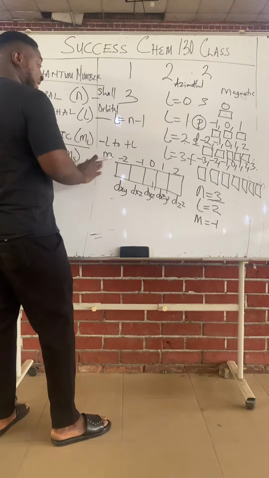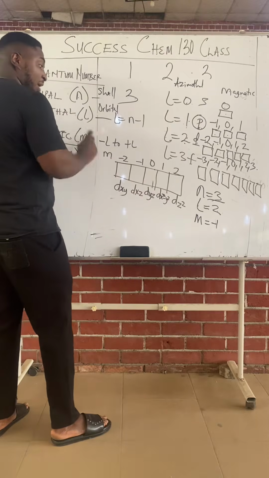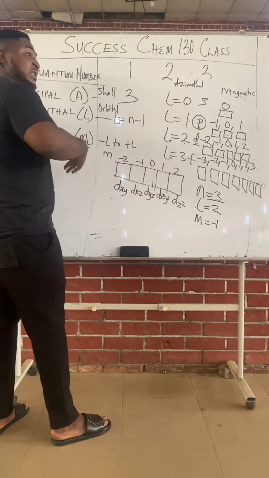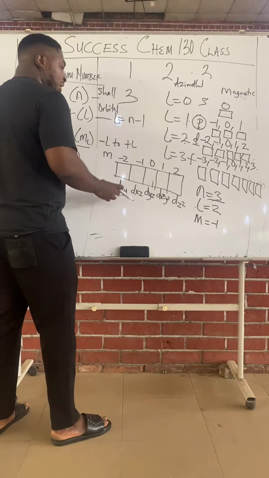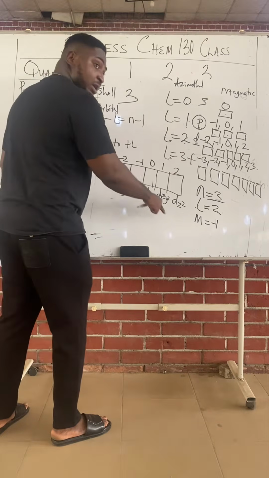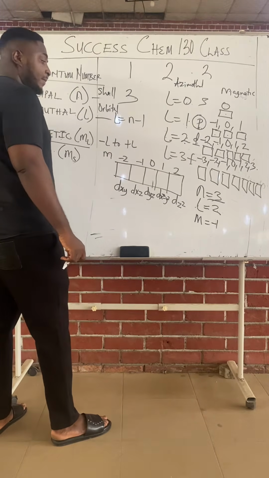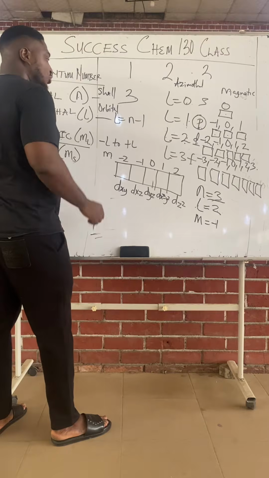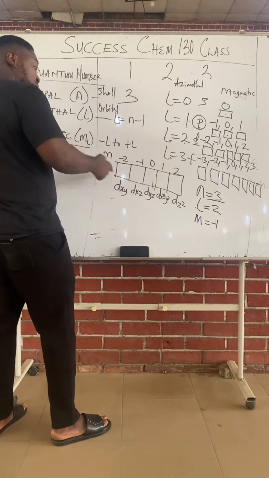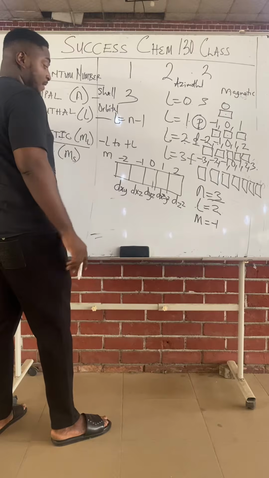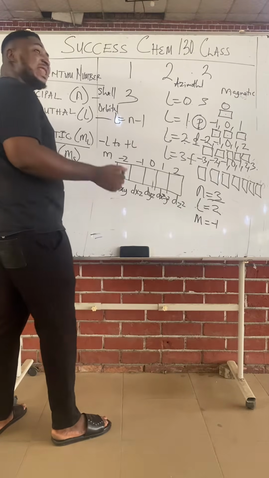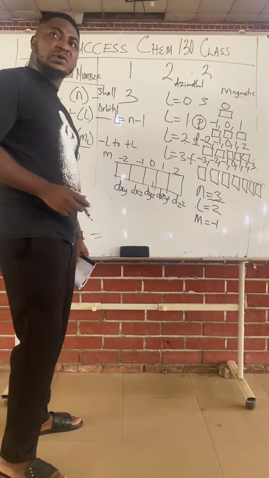So azimuthal L is 2 tells us it's in the D orbital. But magnetic tells us which of the blocks. So azimuthal tells us that it's D, magnetic tells us the block in D. Spin tells us how the electron is orientated inside the block.